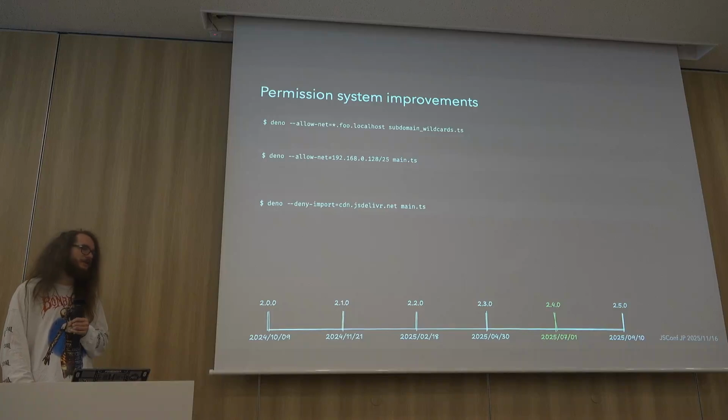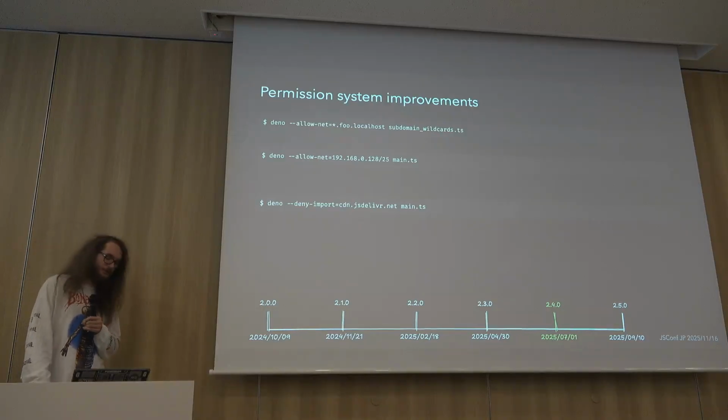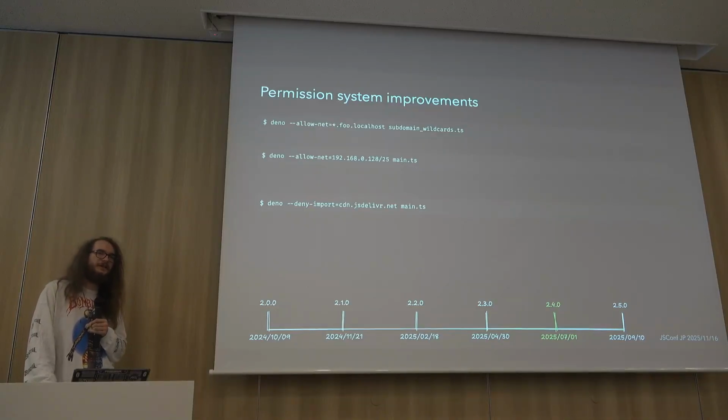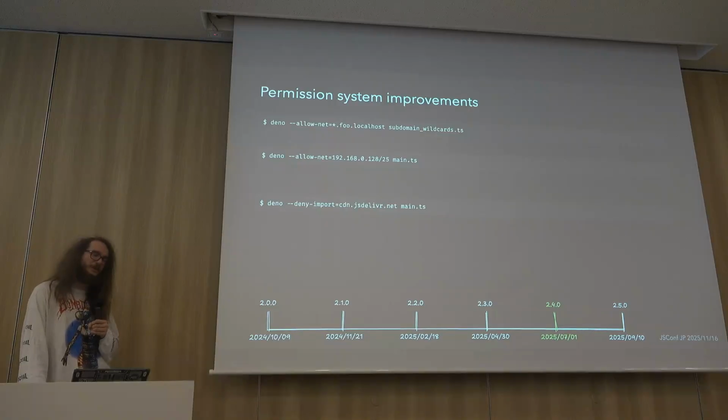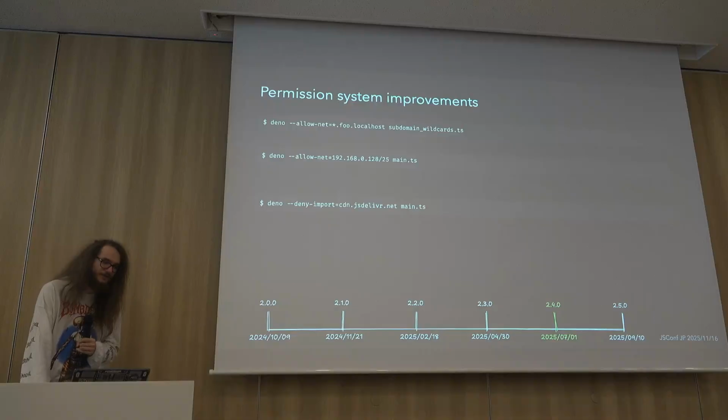So if you do https://esm.sh, I think it's not one of the default ones we allow. So you will have to specify a flag to enable importing from an external source. This was made as a conscious security decision so that you don't import files from some random place, because you will not get permission prompts for those, because that's part of the static graph, and we always assume that it's safe. So we changed that, but we never had a way to deny a specific place. So now you can specify to deny an import location.